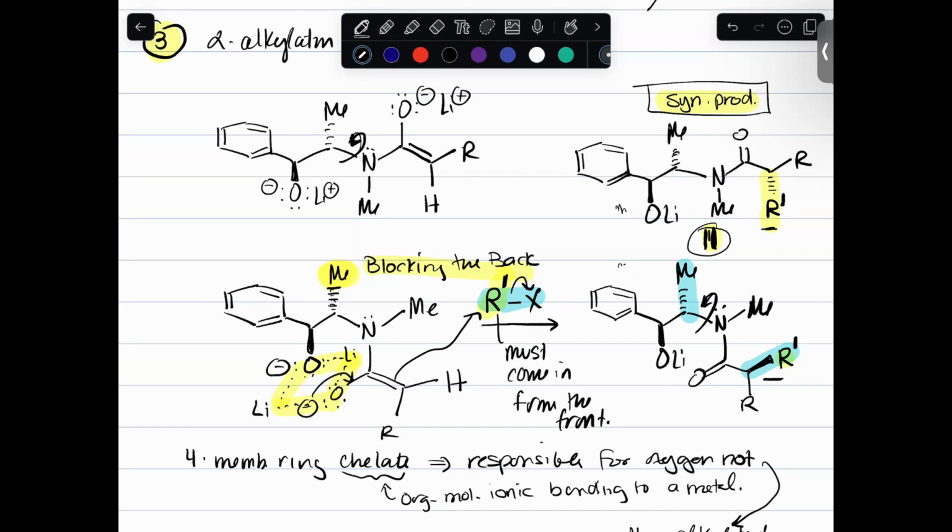So this specific pseudoephedrine, and this is your SS pseudoephedrine, where the methyl group is dash, will always give you the new R group dash as well. And the reason for that is because of the four-membered ring chelate that you make.